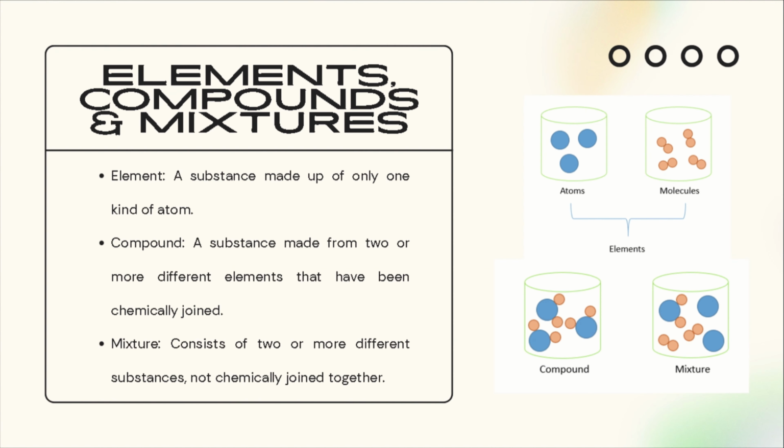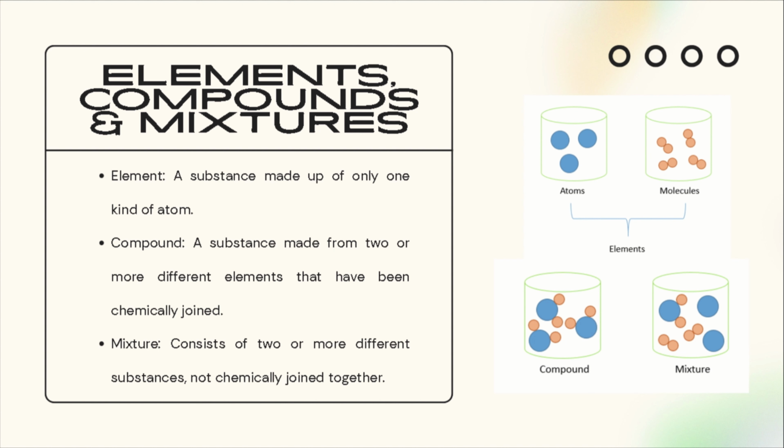Elements, compounds and mixtures. Element is a substance made up of only one kind of atom. Compound is a substance made from 2 or more different elements that have been chemically joined. Mixtures consist of 2 or more different substances not chemically joined together, and they can also be separated by physical methods.